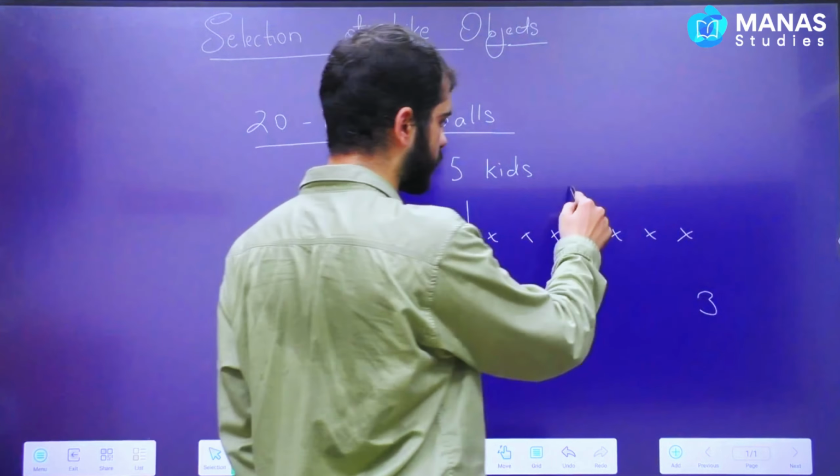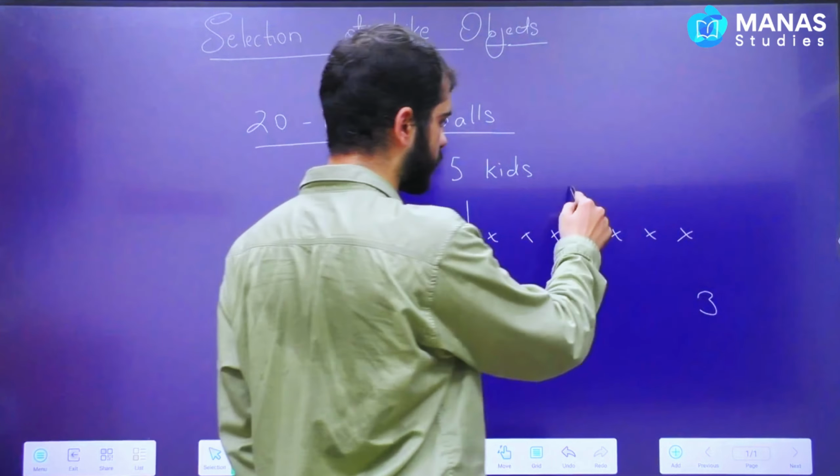Let's have a look at another example. If this is the collection of objects and I have to distribute these objects among 4 kids, I'll just draw 3 lines. If I draw 3 lines, then I'm having 1, 2, 3, 4 separate entities. But in this question, I have to distribute 20 identical balls among 5 kids.